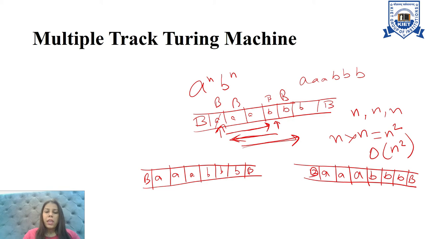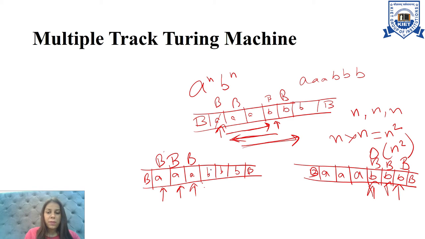Now we will make a move from here and here. We will convert it into a blank and we can shift here. At the same time we make this blank, we can convert this b to blank. Now we'll convert this a to blank, this b to blank, this a to blank, this b to blank. The process will stop here when we reach the first b, and the process will stop here when we reach the first a.